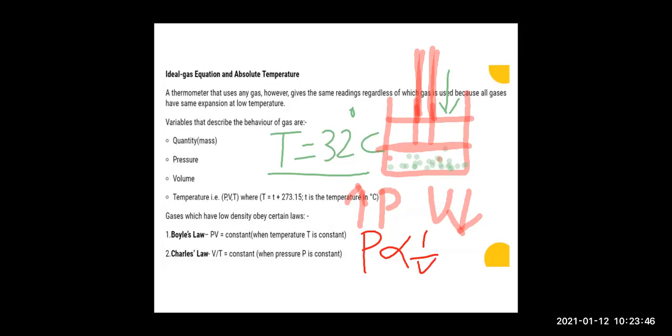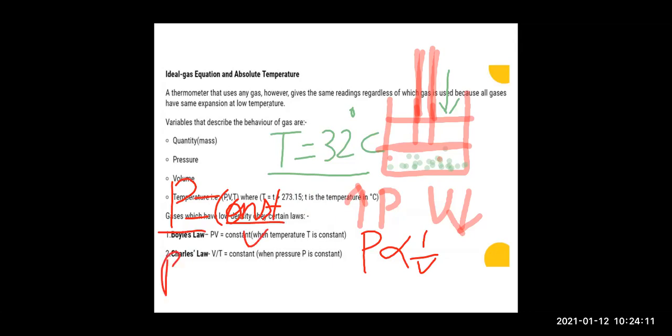If you remove the proportionality sign and put a constant here, then it will be P equals constant into 1 by volume. So can I take volume on the other side? The volume can be moved over here. Sorry, pressure into volume equals constant, because volume is in division.